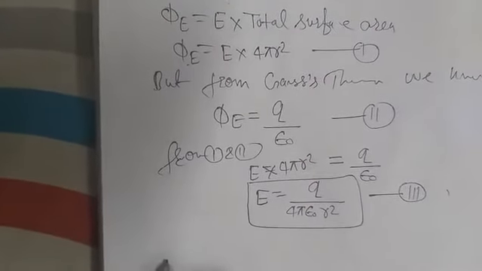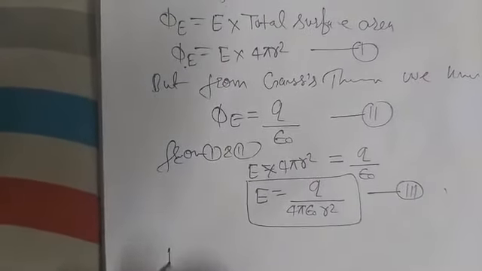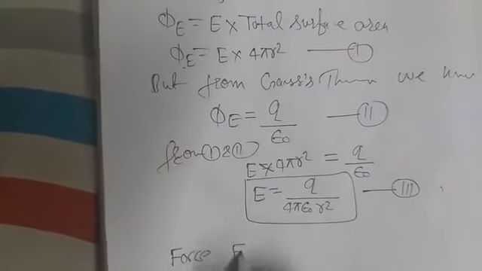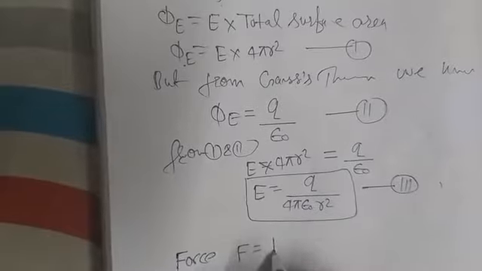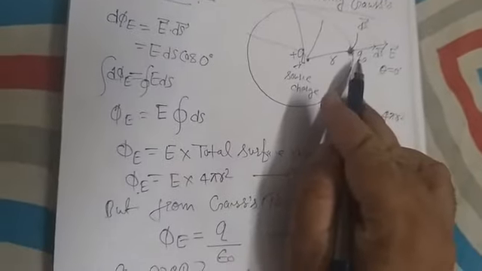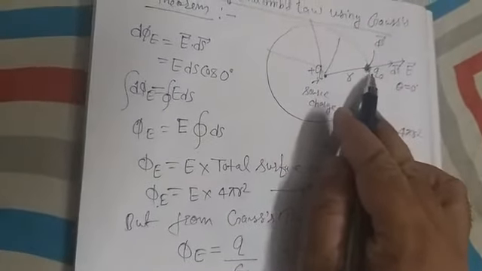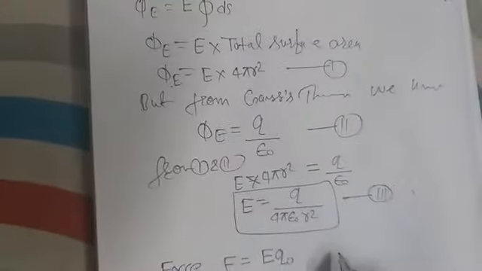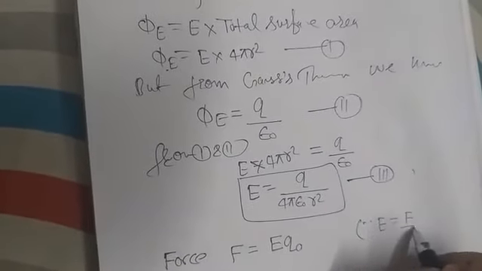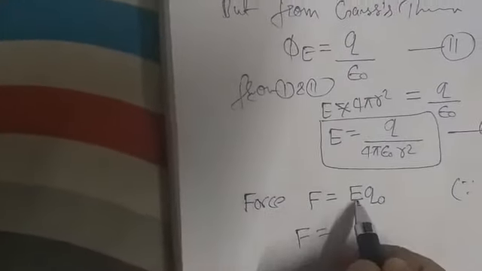Now, as we know, the force between the charges F is equal to E Q naught. Here Q naught charge is kept and I want to find the force on that charge. So F equals E Q naught, since E equals F upon Q naught. And what is the value of E here?